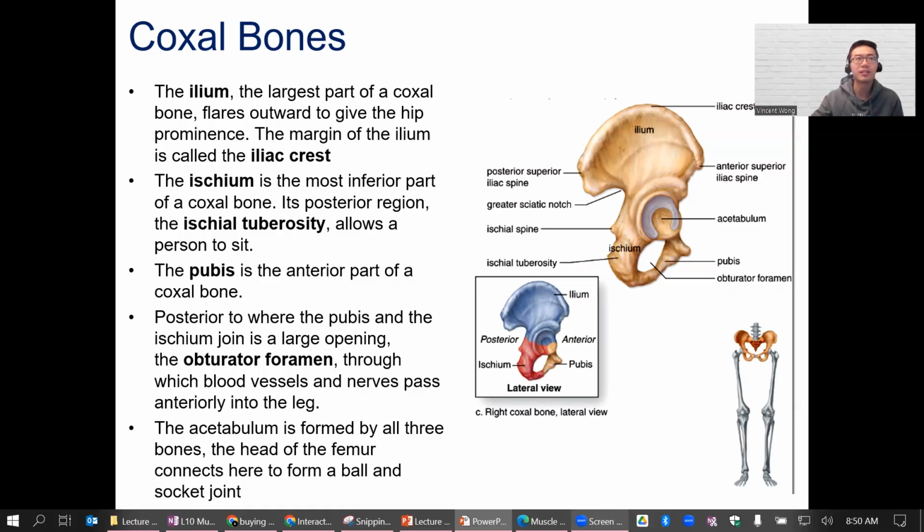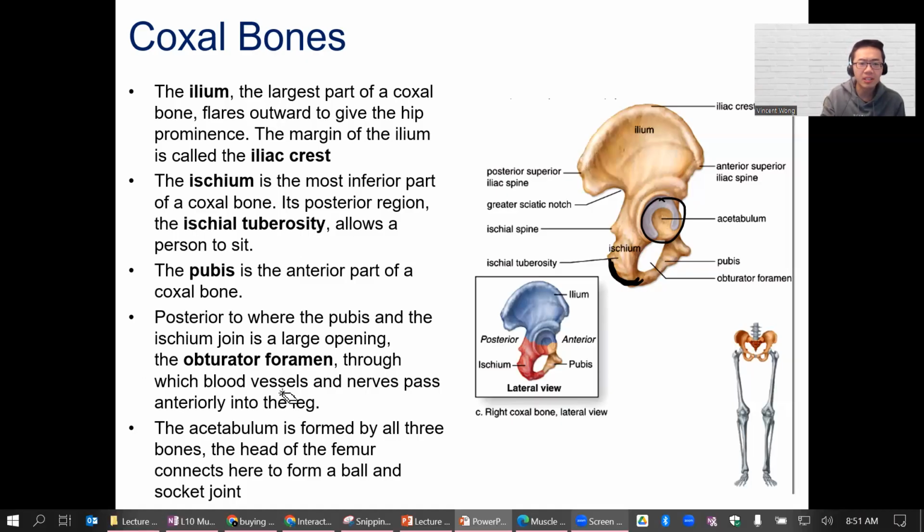Is that the back or at the front? Yeah, this is the butt bone, right? This is the round part that we sit on, so that is actually at the back. And then pubis, remember pubis is like pubic area, that's at the front. And so if the socket is on the side, and this is the back and this is the front, then this has to be the right half of the coxal bone, right? Does that make sense? Yeah. Okay, so that's a good way to help with the orientation in some cases.